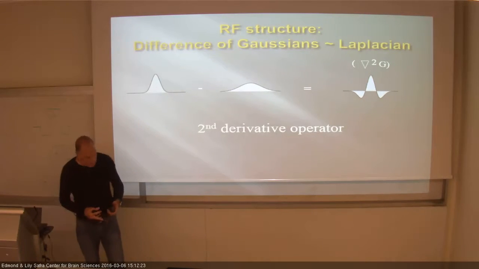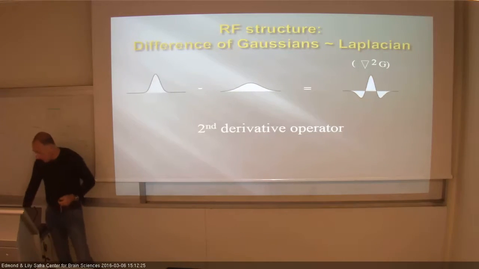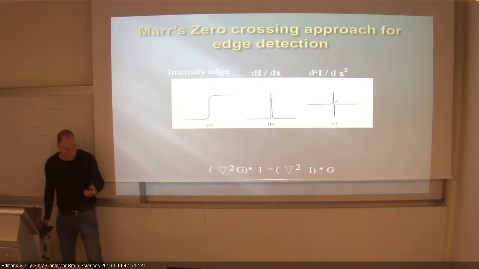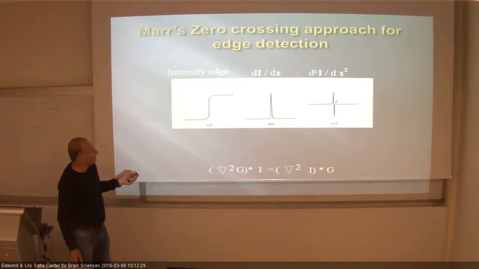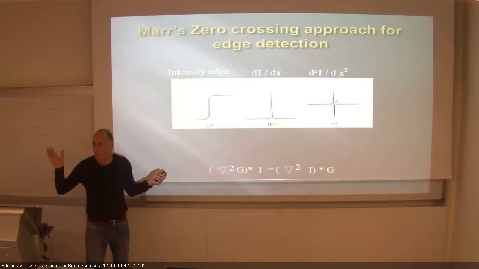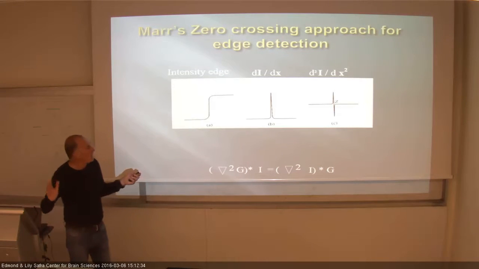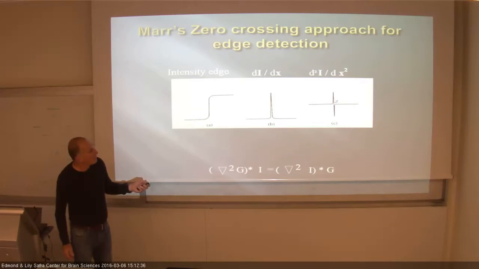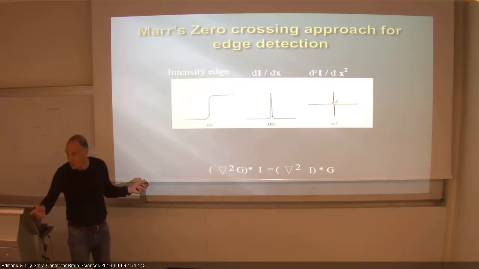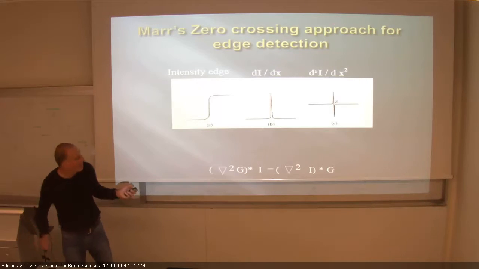The interesting thing about it, as we said, is that this is a good operator if you want to detect an edge. Now, I was asked by someone why we should use a second derivative operator and look for the zero crossings rather than the first derivative and look for its positive value. Alex, you're right.